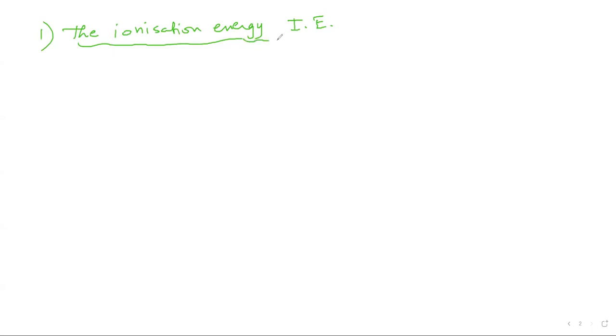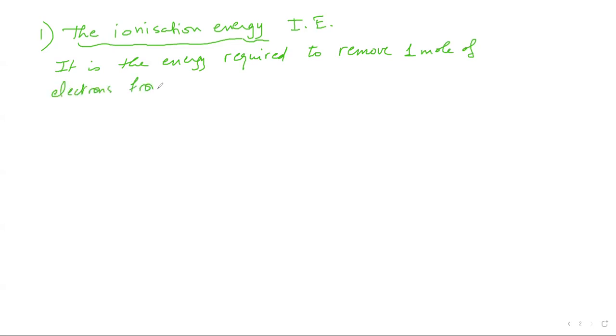So they are not going to ask you to write the definition of the ionization energy, but it says that it is the energy required to remove 1 mole of electrons from every atom in 1 mole of gaseous atoms to form positive ions.